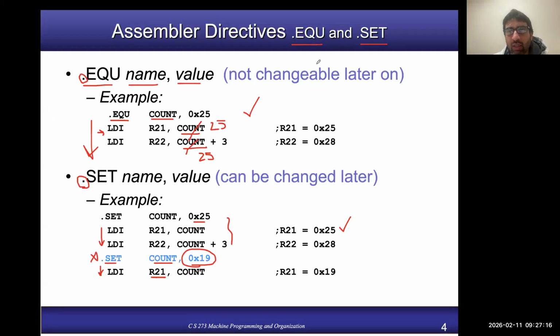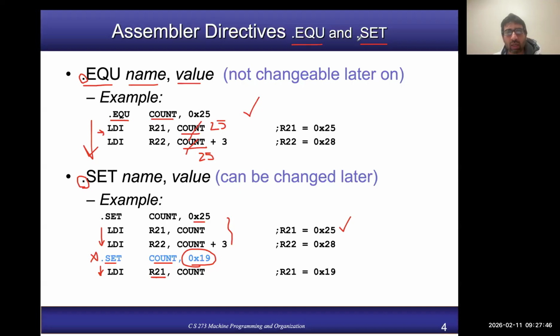So, yes. If you are writing a program and there is some value which you are using at multiple places in your program, but that value is a constant and you are sure that you will never change it anywhere in your program, then to increase your readability, you can define it at the start, using .equate count 0x25, right?